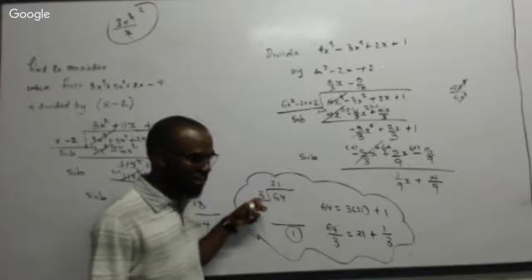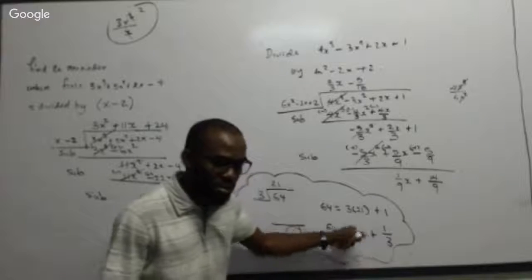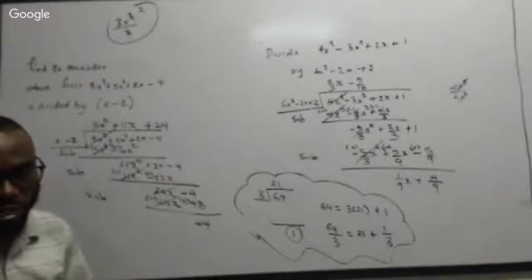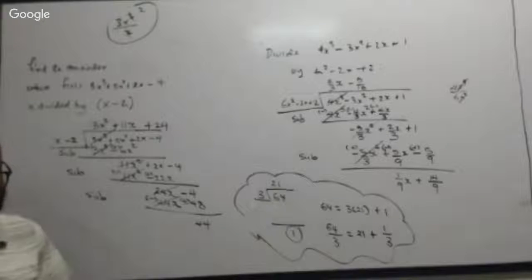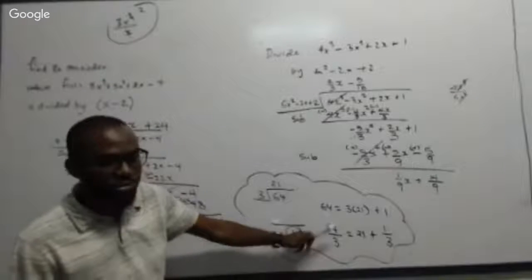So write as a mixed fraction. 3 going into 64, 21 whole times, and then the remainder upon the divisor. So that's what you get, the remainder upon the original denominator. And I was saying, can you write this in these two forms for me?